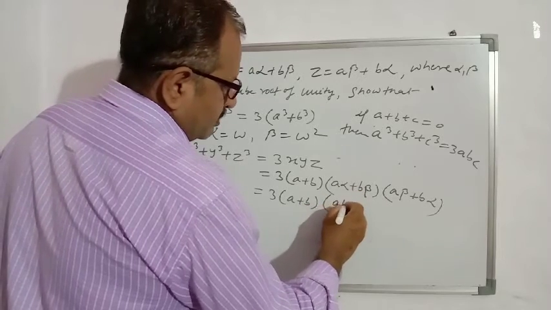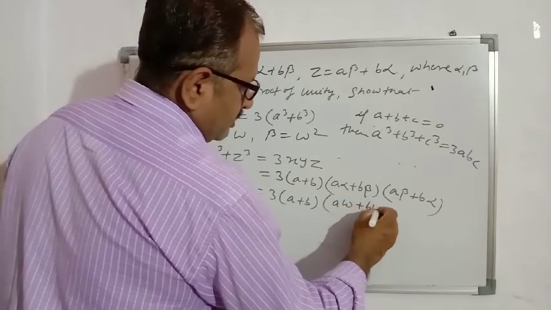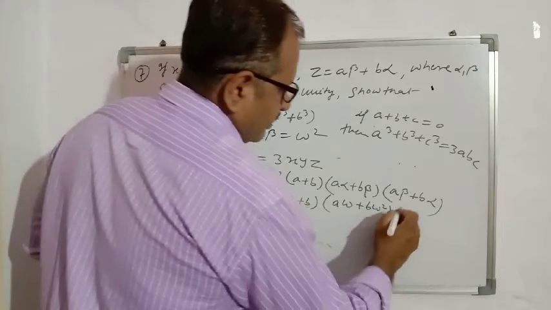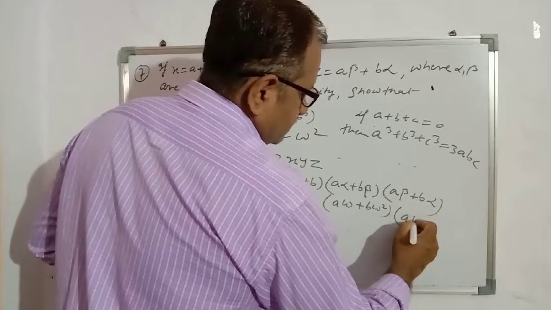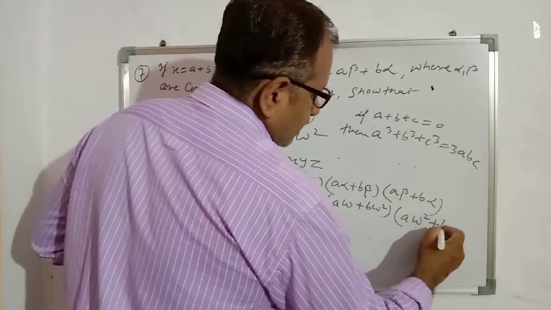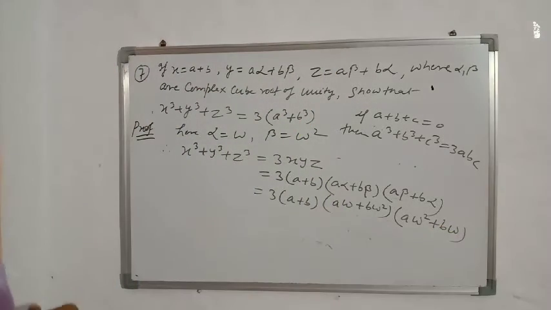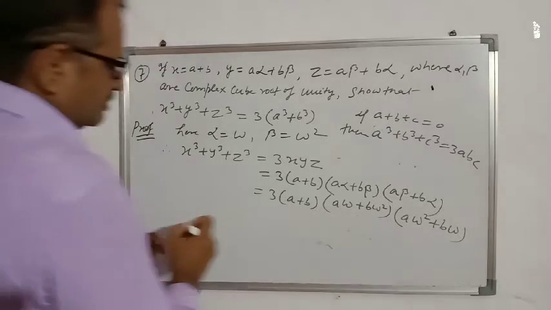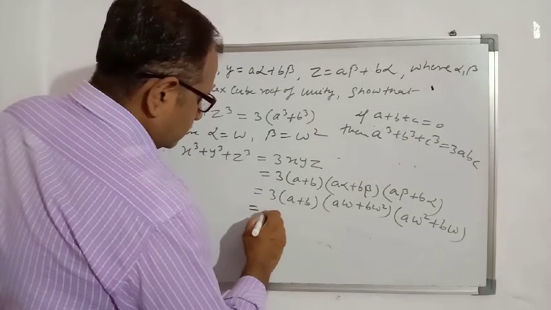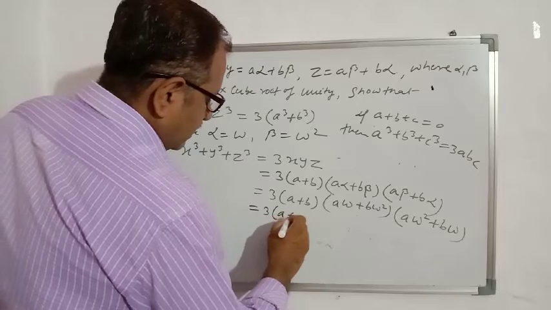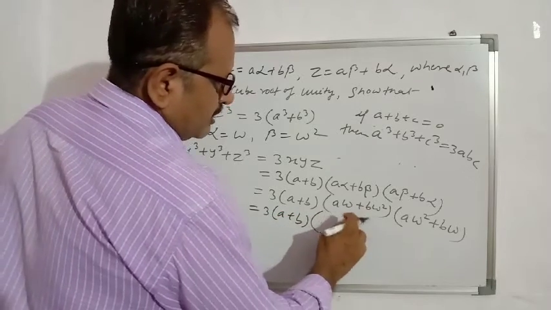Alpha means omega, beta means omega square; beta means omega square, alpha is omega. We will multiply the last two brackets. 3 into (a plus b), multiply it.